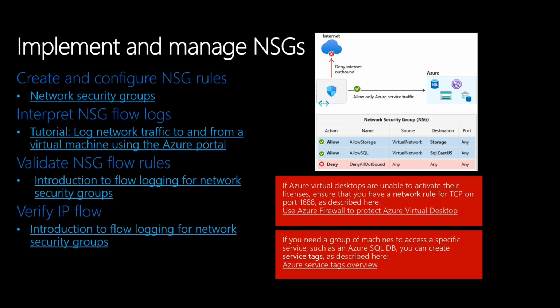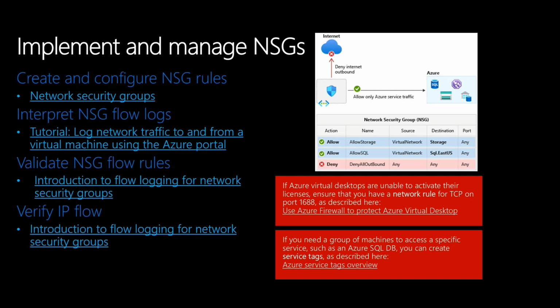One of them is if you've got Azure Virtual Desktops in your network and they're not able to activate their licenses for some reason, you may want to make sure that there is a network rule for TCP on port 1688, as defined there in the Azure Firewall link. So it's not necessarily an NSG issue, but something to think about.